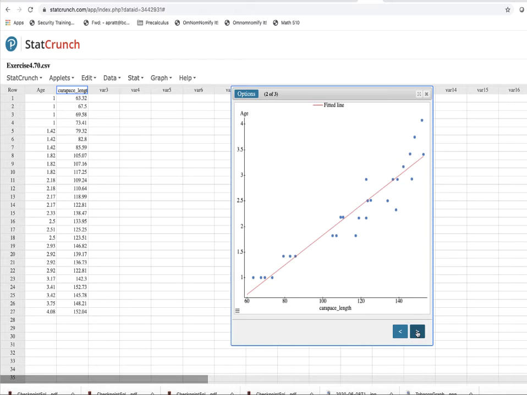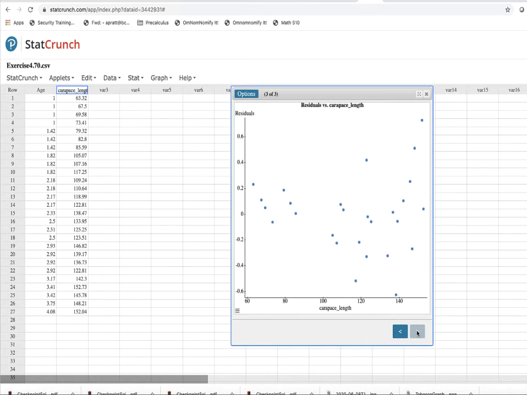We can look at our scatter plot on the second screen, and here we see that it is a strong, positive, linear relationship. And this residual plot looks okay. My concern is that it's close together here on the left, but it gets really wide on the right. What that tells us is that for small lobsters, this model is really good, but for larger lobsters, this model isn't so great.